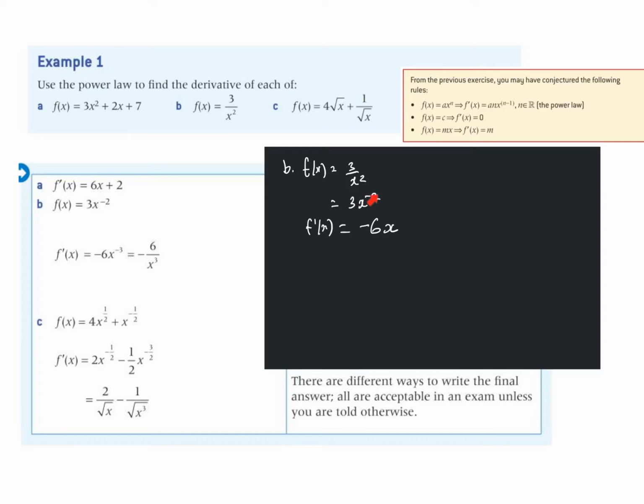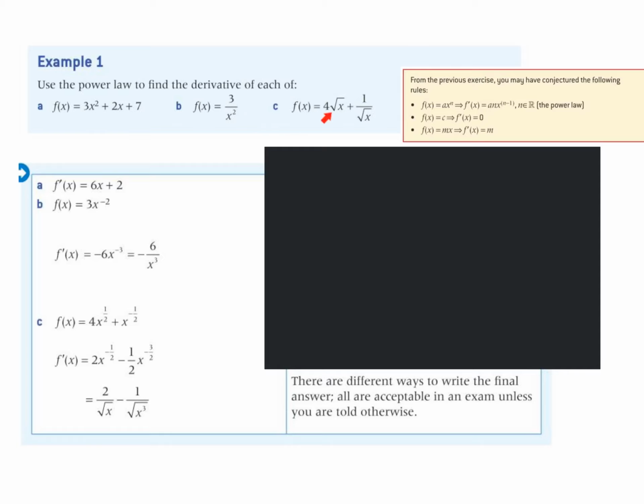And the next step was to reduce minus 2 by 1, that's minus 2 minus 1. Well, that becomes minus 3. You can leave it like that, or you can also rewrite it as minus 6 over x cubed. And that's the end of that one.